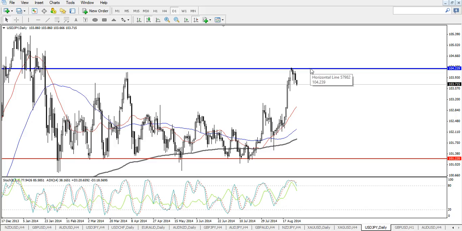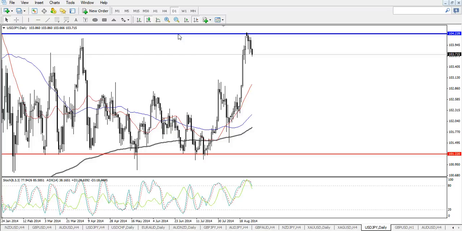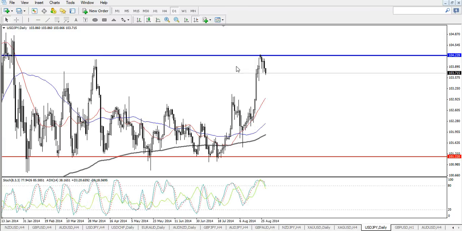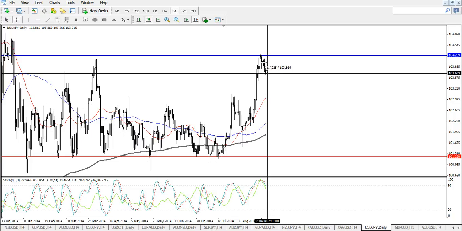The level is 104.23. Since the first day of this week, price has been falling, not by a lot, about 50 pips.